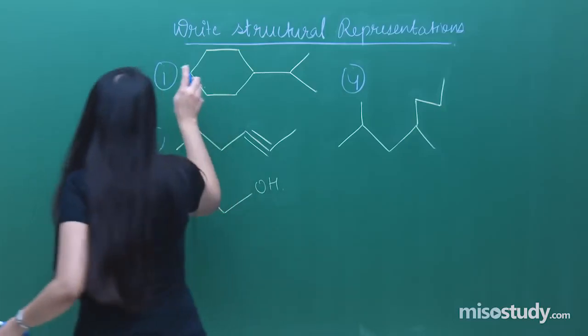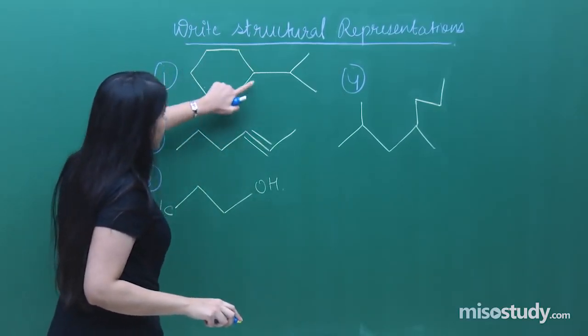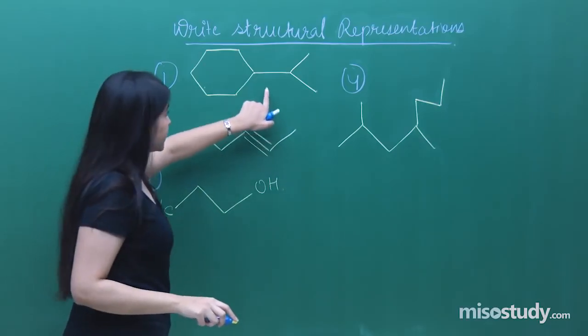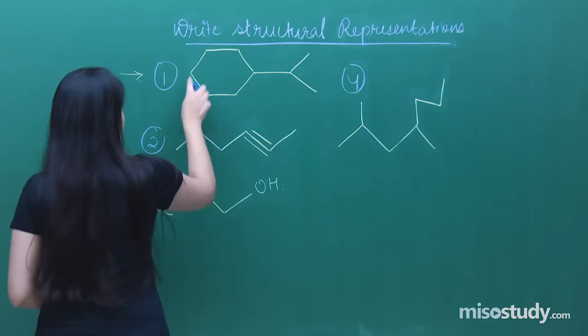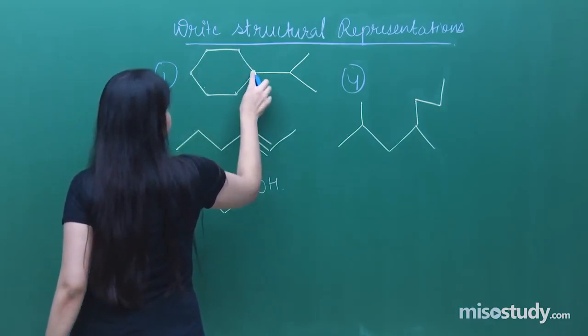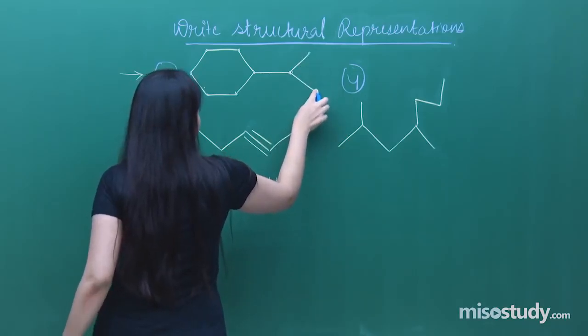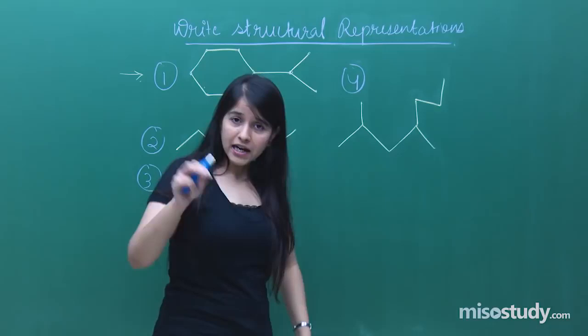So what do I have at the very first side? I have got here a ring kind of a structure, then with certain representations. So as I told you, these corners will represent the carbons, and if not mentioned, these open ends will be nothing but methyls, again a carbon.